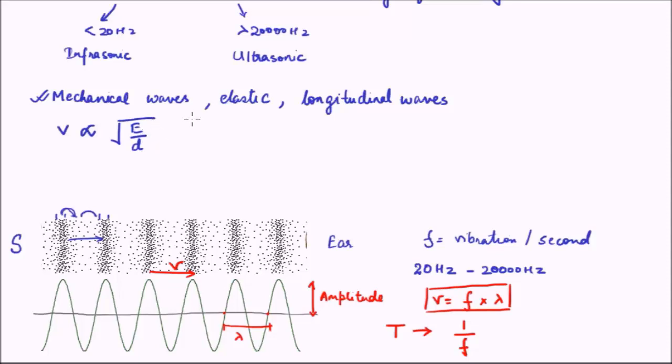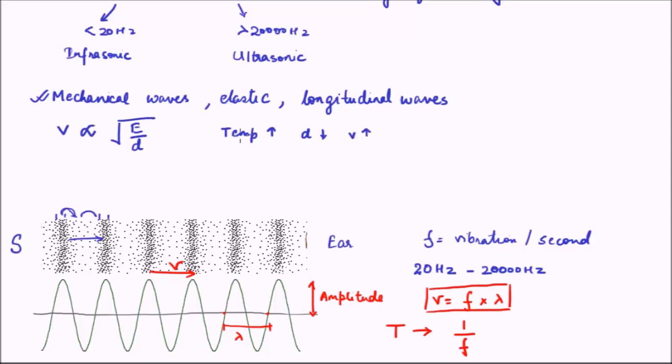Now you know that the temperature of the surrounding air is not always constant: during hot days the temperature rises, during cold days the temperature falls. What happens is that with a rise in temperature, the density of the air falls. When the density falls, the velocity has to rise, right?